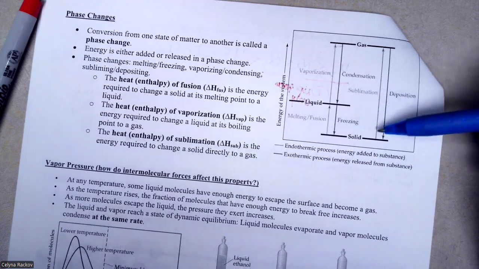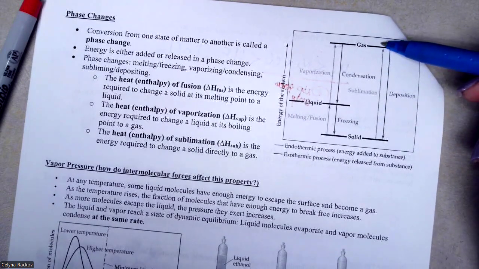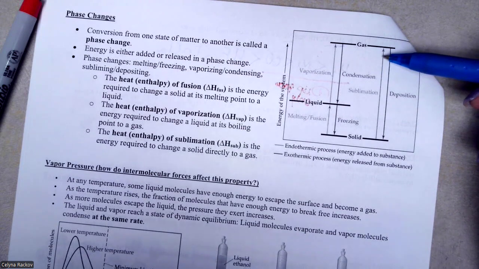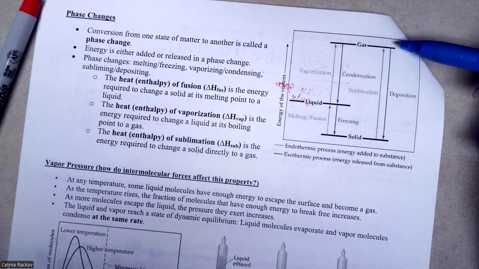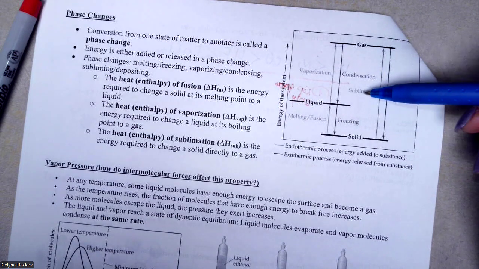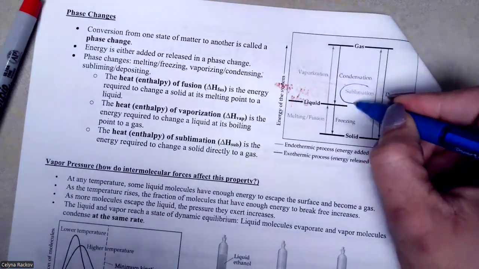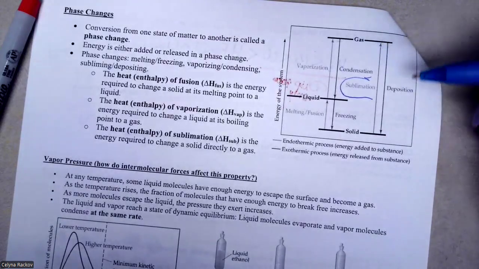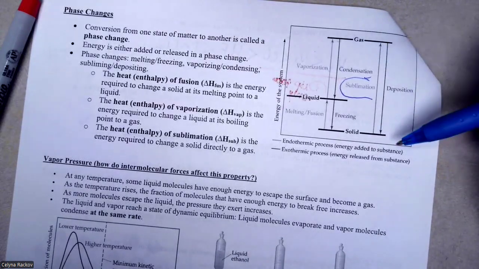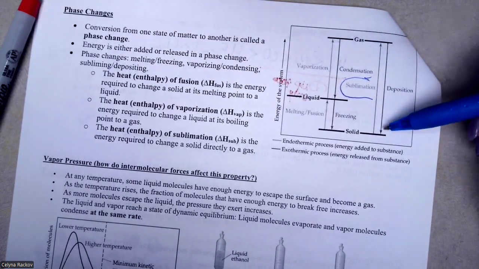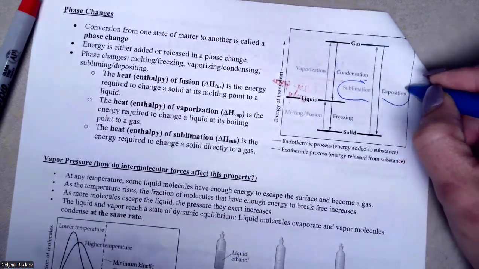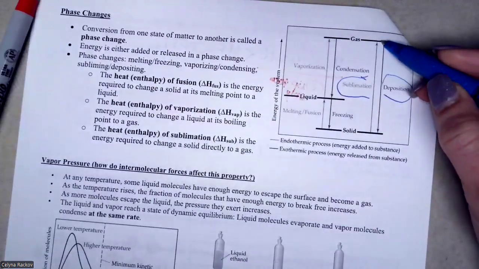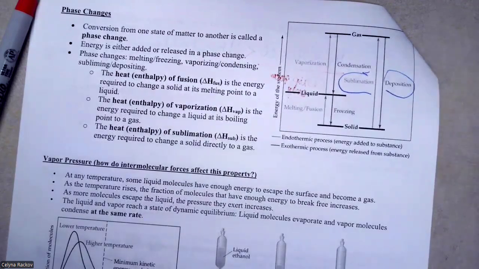Going directly from solid to gas is called sublimation. And from gas to solid is called deposition.